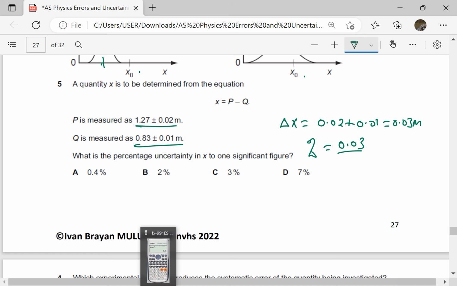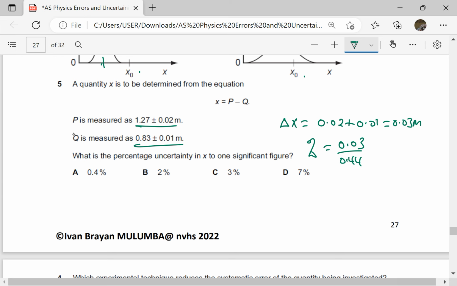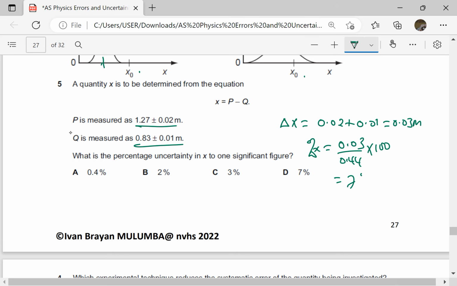X is 1.27 minus 0.83, which is 0.44, then times 100. 0.03 divided by 0.44 times 100. So that is 6.8, which is approximately 7. So this is 7%.